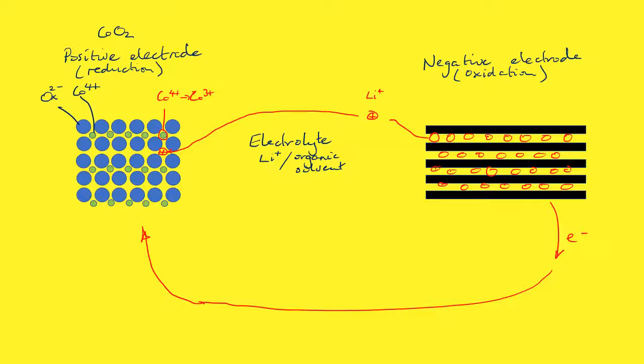The oxygen is still happy, it doesn't really care because it's still oxygen 2 minus, and that's facilitated by the fact that the lithium 1 plus ion has taken its place in that lattice. So it's still a neutral compound. So this part of the lattice has turned. Let's just draw a little.